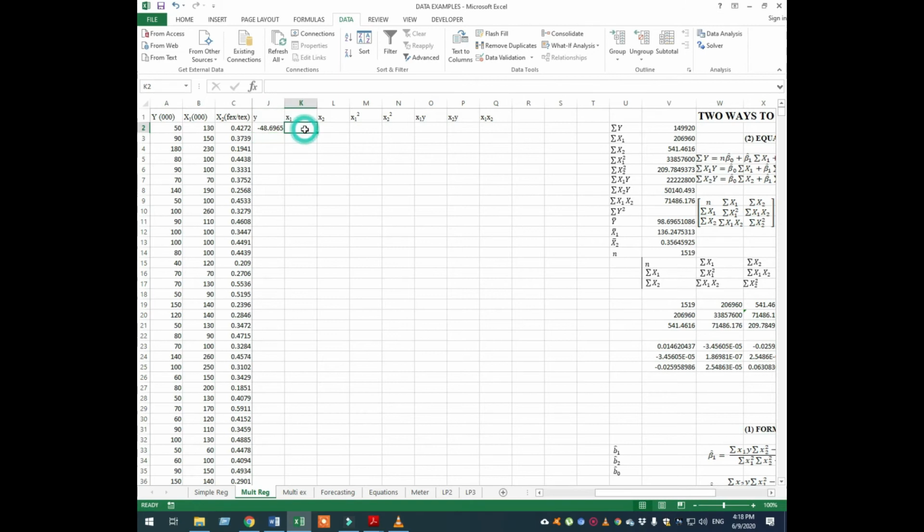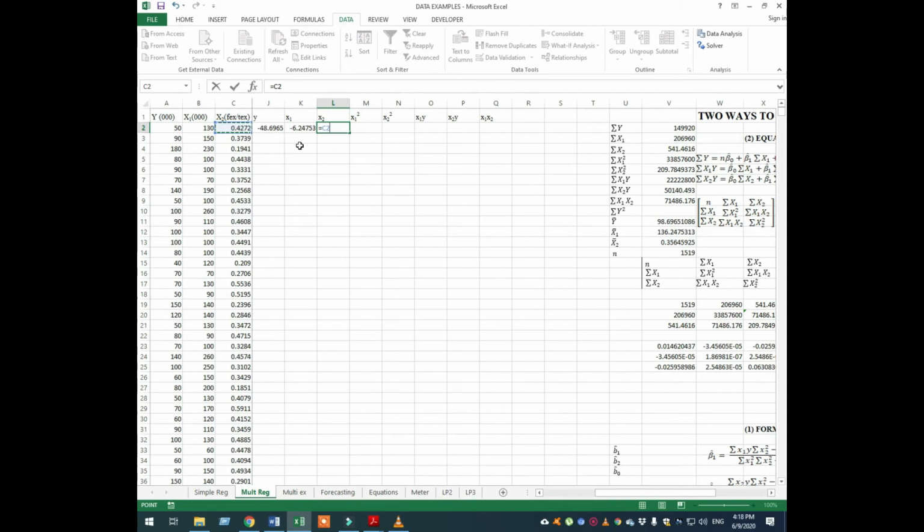Similarly, small x1 is the deviation of capital X1, so that is the capital X1 value minus the mean of X1, which should be subtracted from this, and lock the value for the whole series. And again, small x2 is the deviation of the X2 values from the mean.